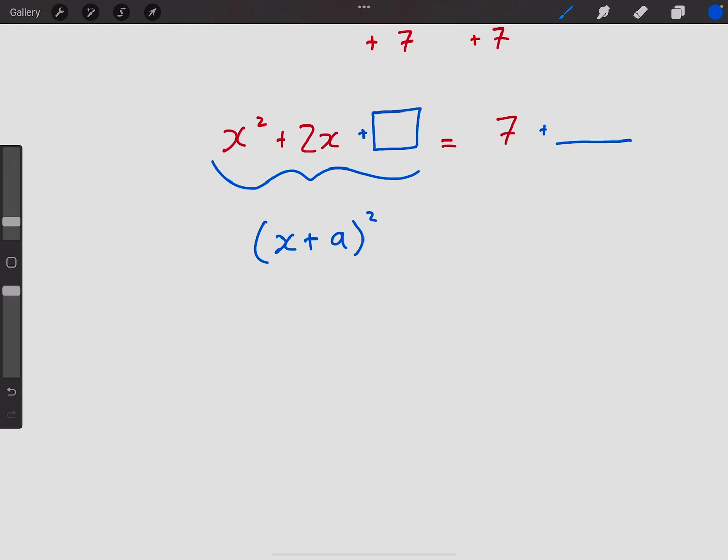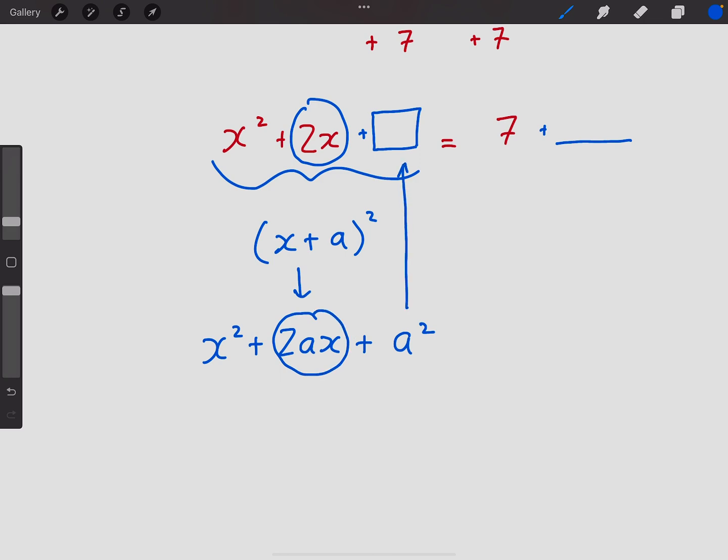Well, let's have a look at this one here. Let's expand this. What should this one look like when you expand it? You're going to get x squared plus 2ax plus a squared. So 2ax is going to equal the 2x there, isn't it? This is your constant.